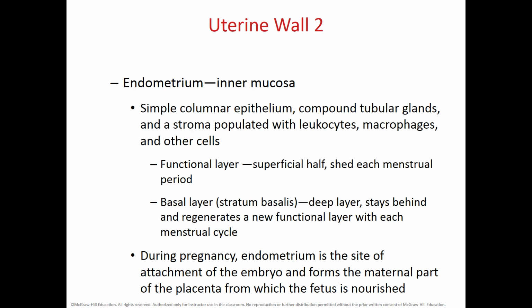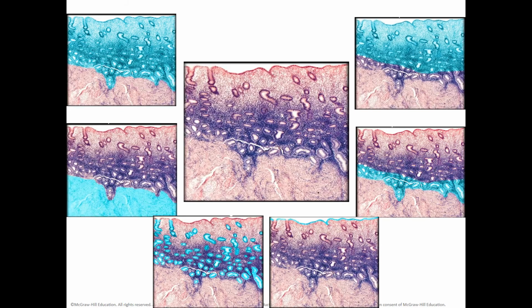It has this functional layer that is shed every menstrual cycle during reproductive life or stage, and then it has this basal layer or stratum basalis which renews this functional layer. So this is the microscopy of the uterine wall.